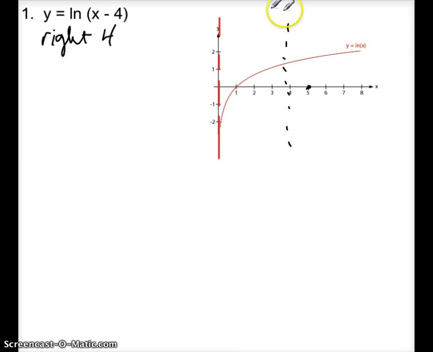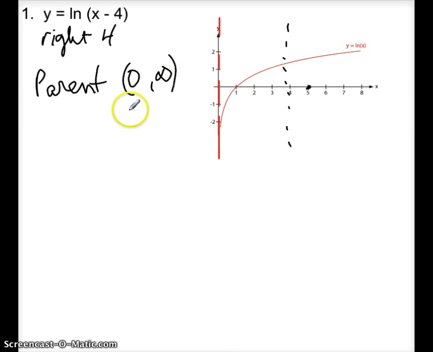But now that you've seen the graphical, I want to talk about how do we find all of these things algebraically so you don't always have to draw or sketch a graph. So if the domain of the parent function is from 0 to positive infinity, that means that our domain is always x is greater than 0.